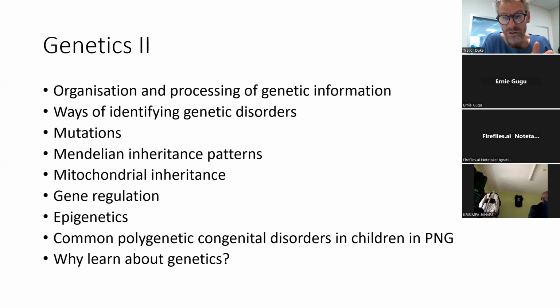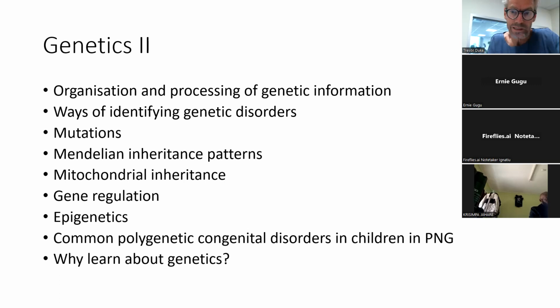We'll talk a bit about the regulation of genes, because not all genes are active all the time, and they're regulated by a variety of different changes in genetic information that can lead to a gene being active or being suppressed. And the sorts of things that make genes more active or more suppressed and not active are partly normal processes, and they're partly abnormal processes.